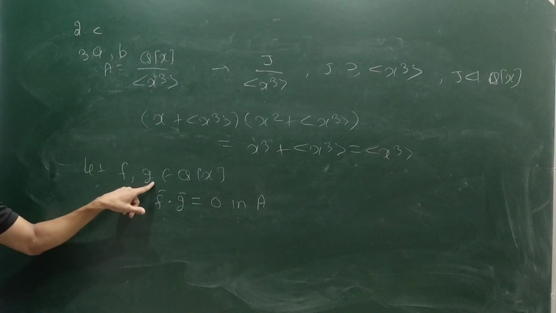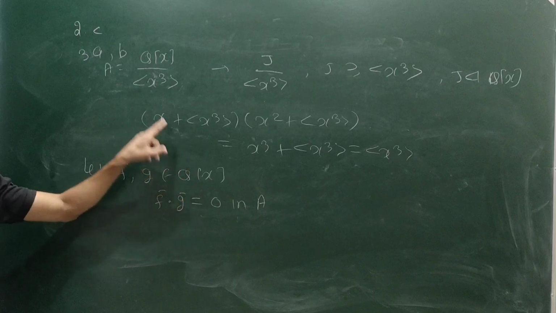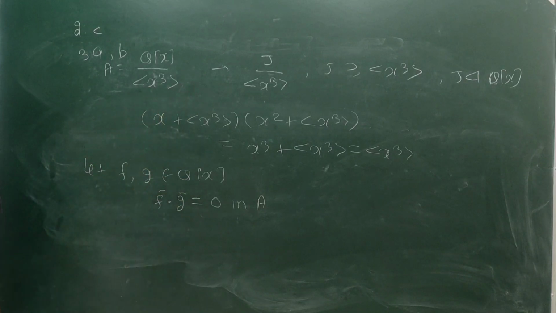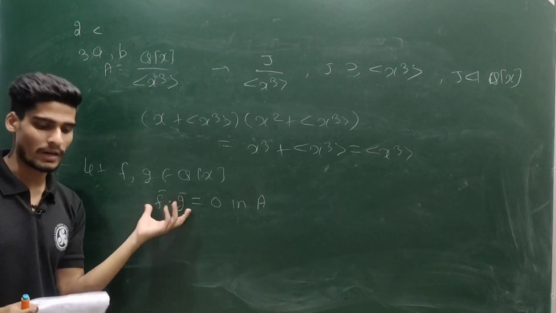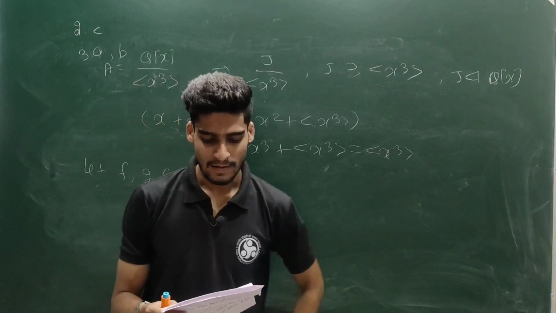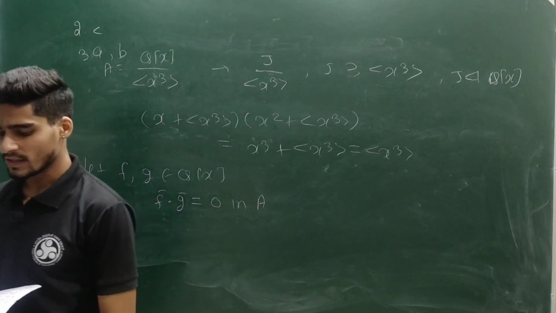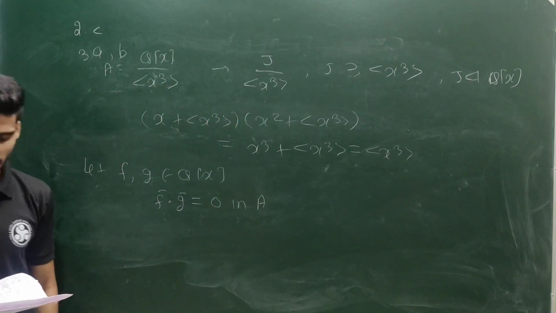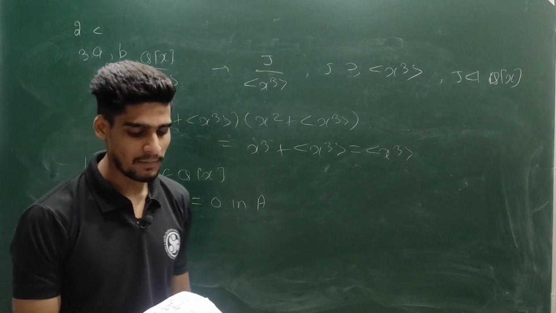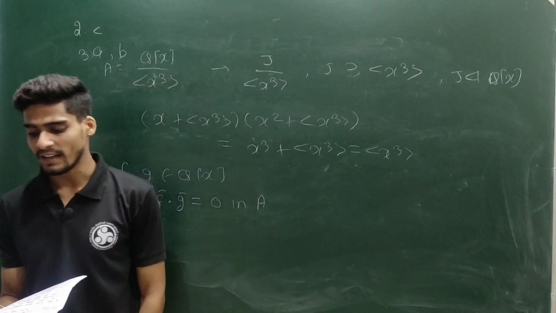And g is a polynomial inside this, and you are operating modulo x cube operation. Then you are writing f bar, g bar. So they have defined: let f, g be inside Q[x] such that f bar g bar is 0 in A. Here f bar and g bar denote the image of f and g respectively in A.